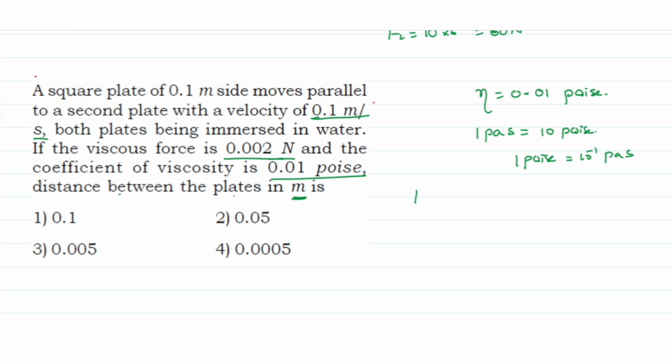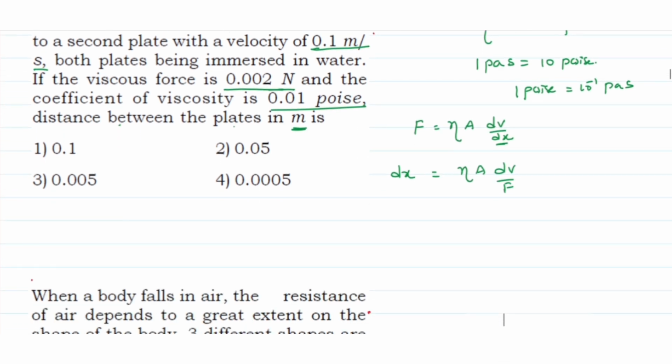So the required force is F equals eta into A into dV by dx. Here we need to calculate the distance between the plates, which is dx, and that will be eta into A into dV by force. Now take the units. Eta, the coefficient of viscosity, is 0.01 poise, which I am converting into Pascal second, 10 power minus 1.